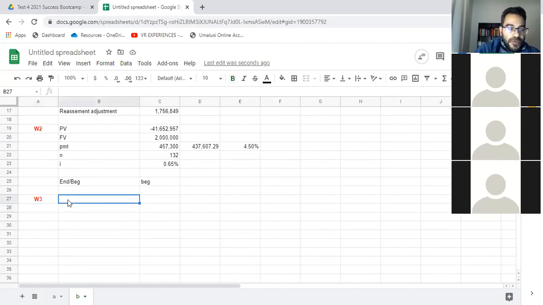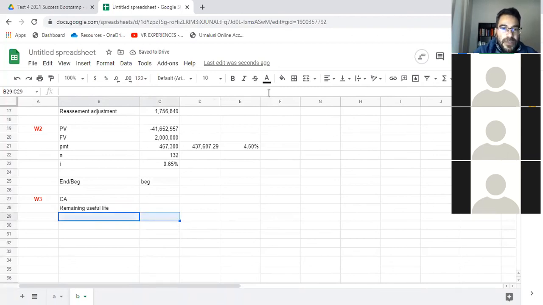When there's a change in estimate, we don't use cost price, we use carrying amount. We don't use useful life, we use remaining useful life. So this will give us our depreciation.